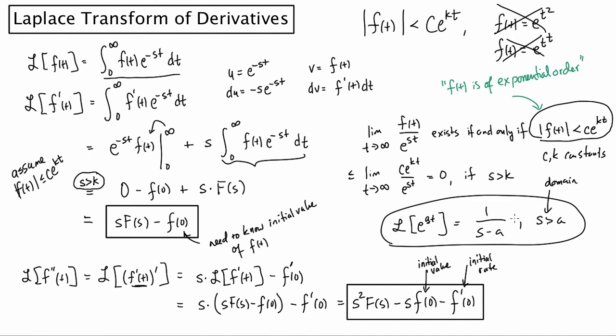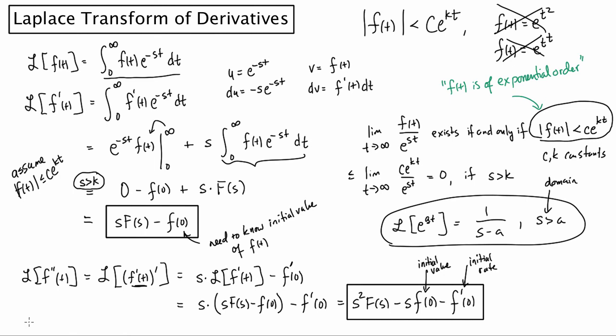There is a pattern here. Hopefully you're starting to see the pattern. The pattern is that when you take the Laplace transform of things that have multiple derivatives, you produce a polynomial in terms of s that has equal size.